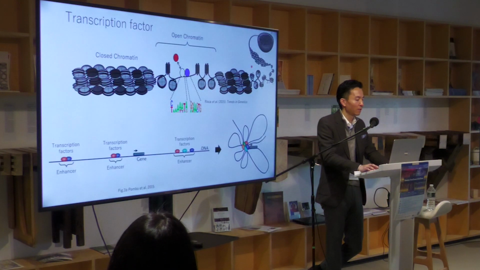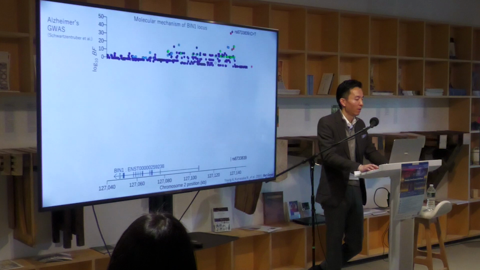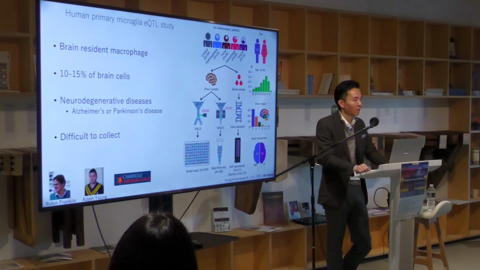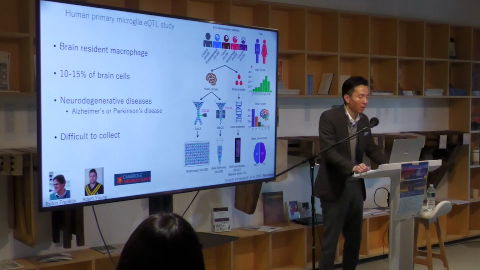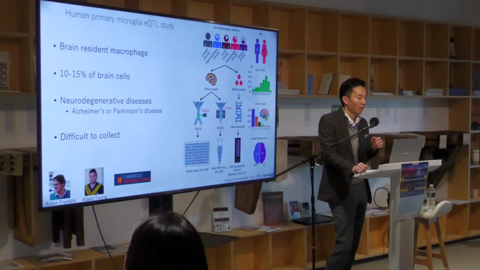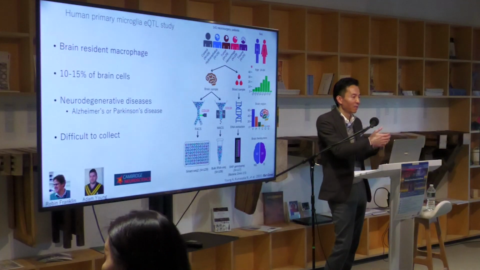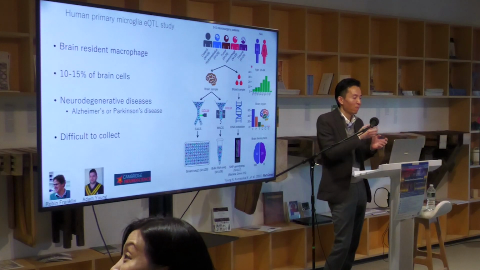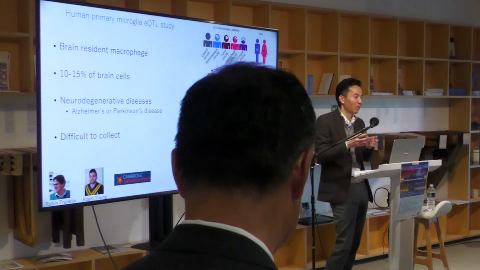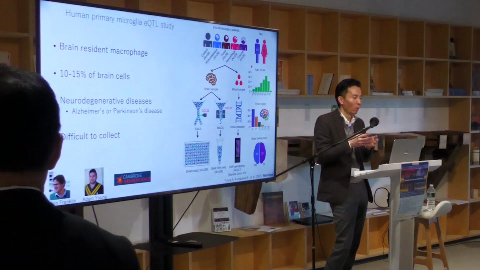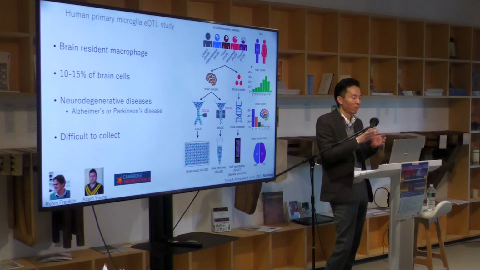So before taking this approach, you may check the expression of the gene in each cell type. There are some studies that check the enrichment of expression for various diseases, and I think macrophage is one of the most enriched cell types for Alzheimer's disease.